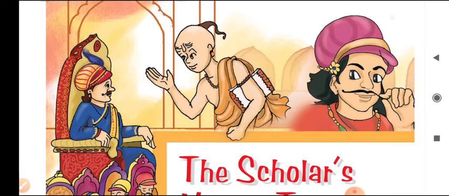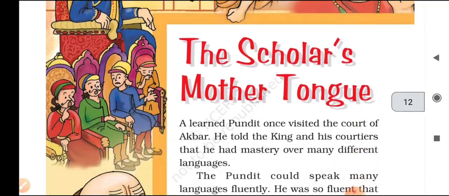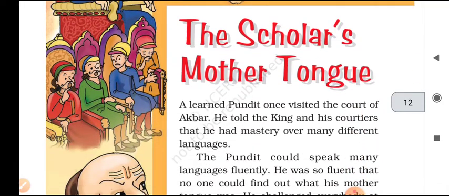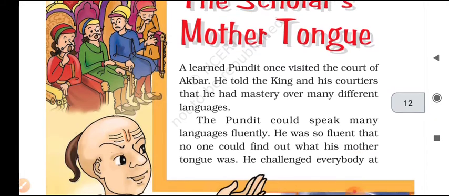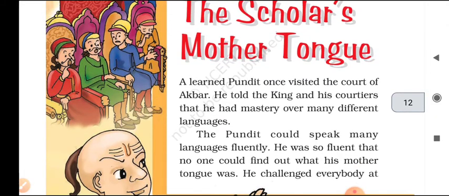Now see here, you can see pictures of the king and a scholar. You see, there are many courtiers sitting in the court of the king. The scholar's mother tongue. Let's read this lesson first.